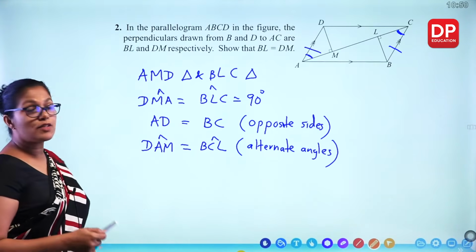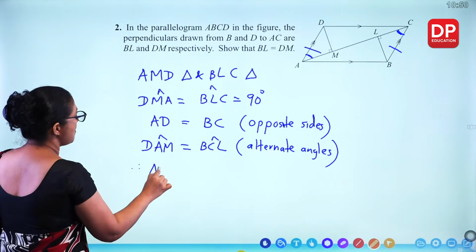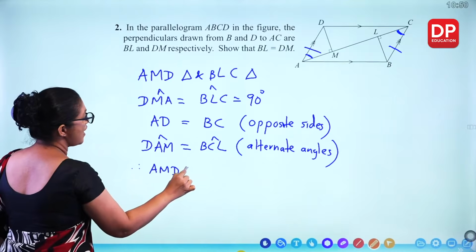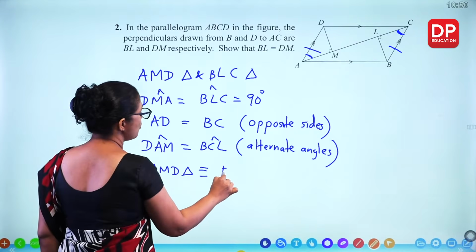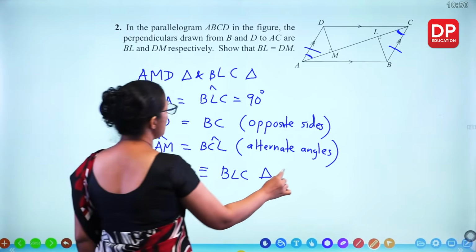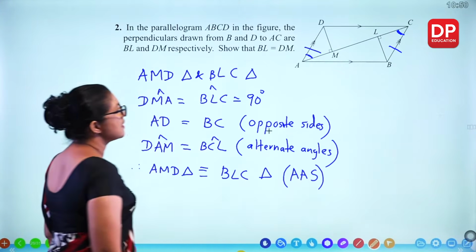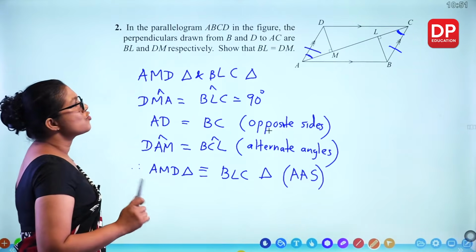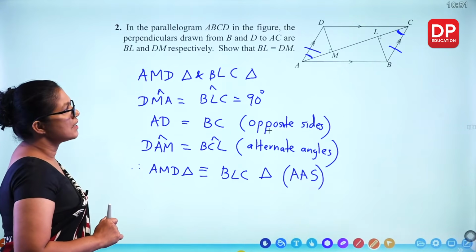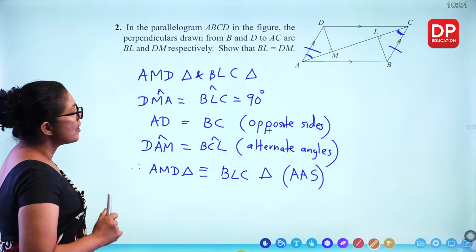So two angles one side equal, that means AMD triangle is congruent to BLC triangle. What's the situation? Angle, angle, side. If these two are congruent, what can you say about corresponding elements?